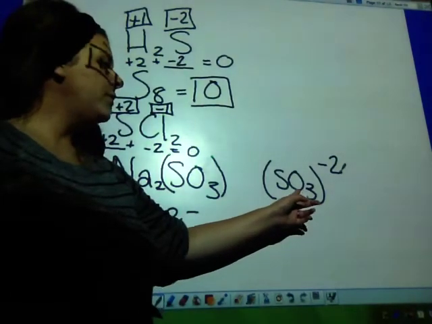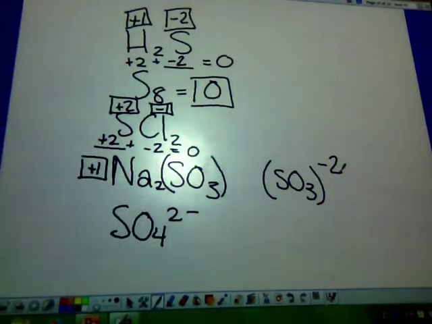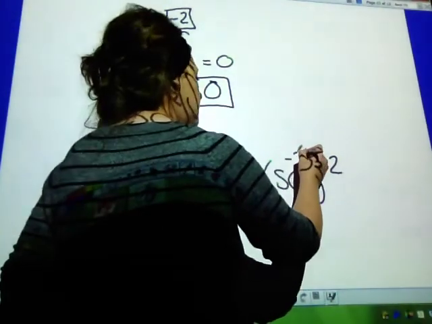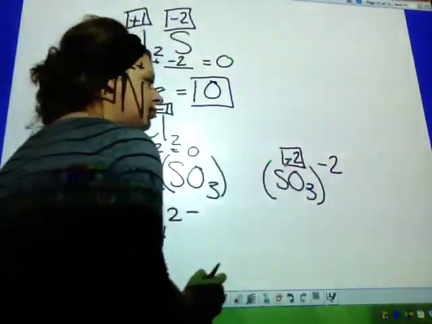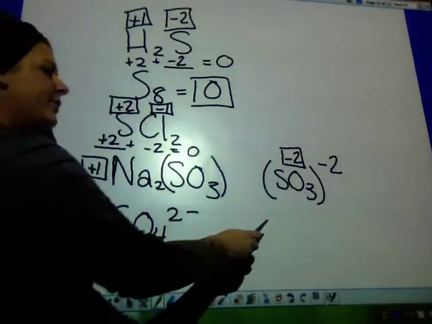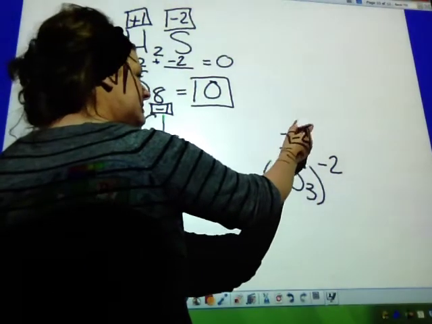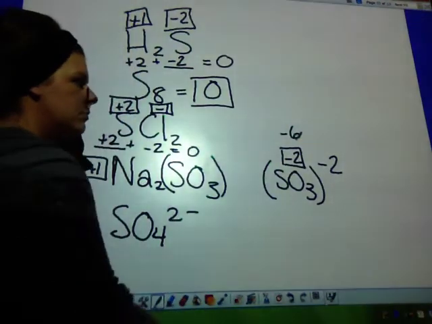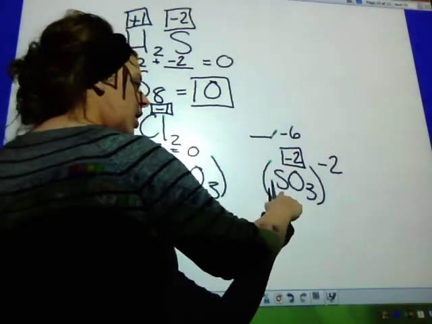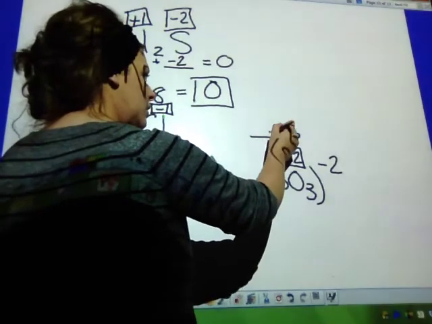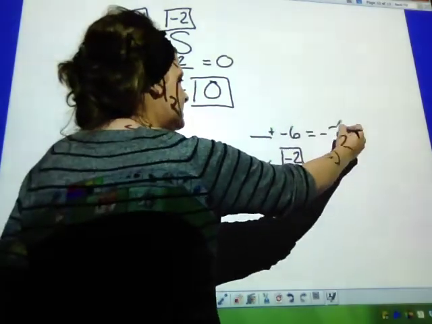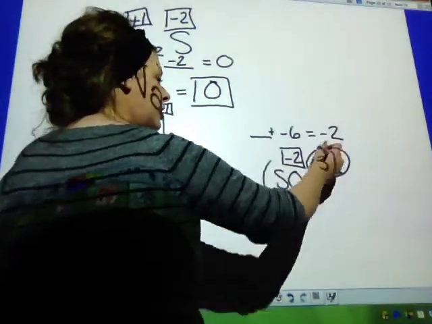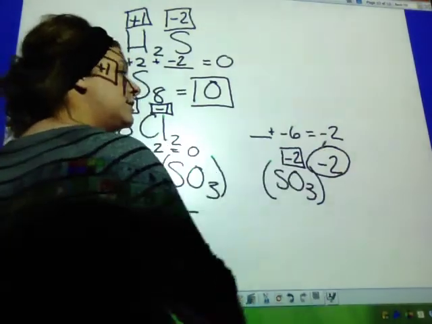Oxygen, when it's not in a peroxide, which this is not, always has an oxidation number of -2. I have 3 of them, so overall it's like a -6 charge. So the oxidation number of sulfur plus that -6 has to equal the overall charge on that polyatomic ion, which is -2.